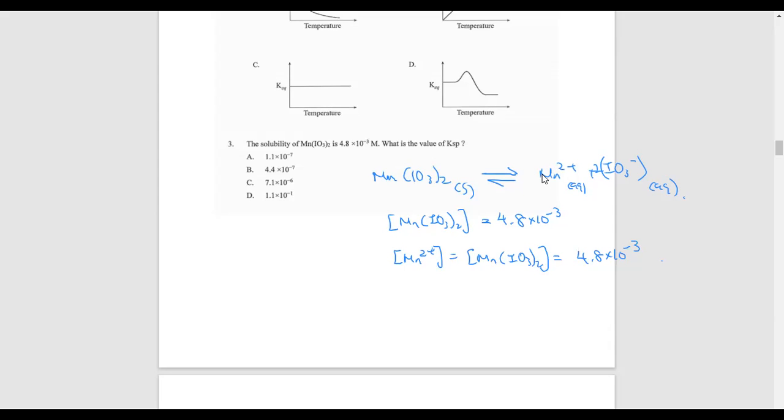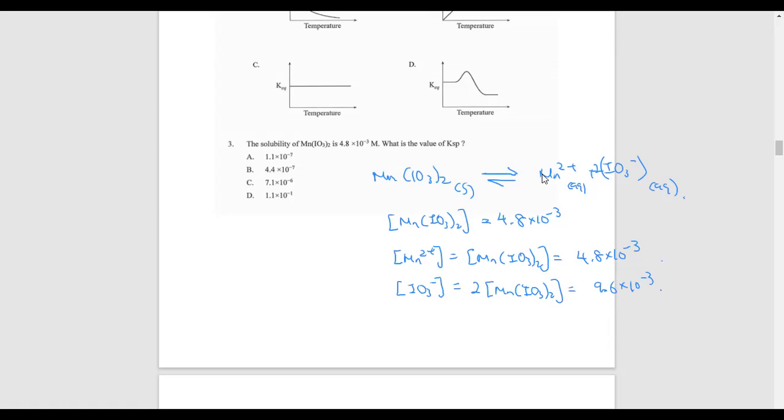But the concentration of the anion, because it's 2 to 1, will be double that, which should be 9.6 times 10 to the negative 3. When it dissolves, it's 1 to 2.